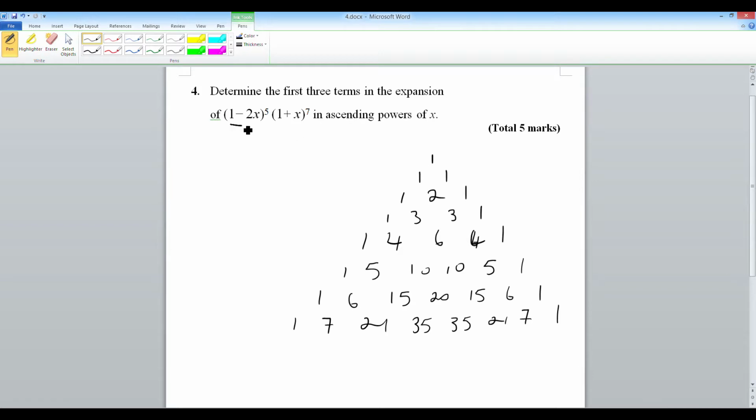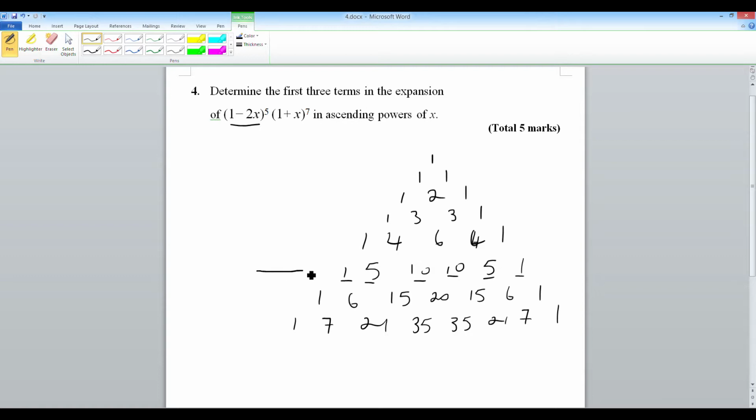If I take a look here at the first bracket, I see it's to the power of 5. Therefore 5 plus 1, remember it is n plus 1 for the number of terms. So if it is to the power of 5, it means there will be 6 terms. That means it will be this row here, 1, 5, 10, 10, 5, 1, because there are 6 terms, 1, 2, 3, 4, 5, 6.